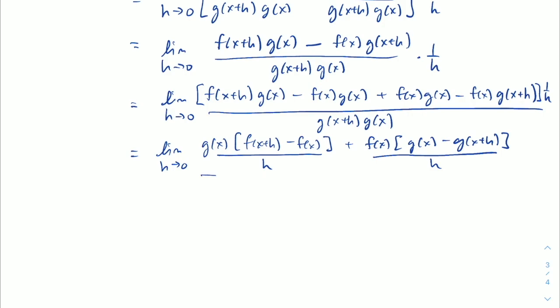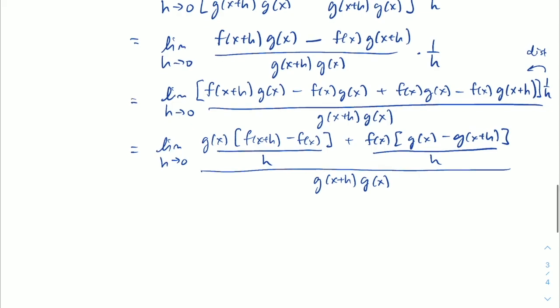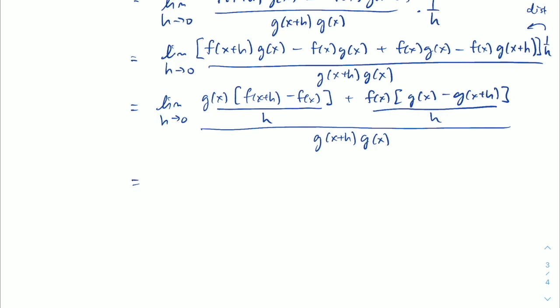And I'm going to divide the whole thing by g of x plus h times g of x. Okay, so I'm just distributing this 1 over h to the two terms that I now have. All right, so now I'm going to rewrite the numerator slightly as g of x times f of x plus h minus f of x all over h.